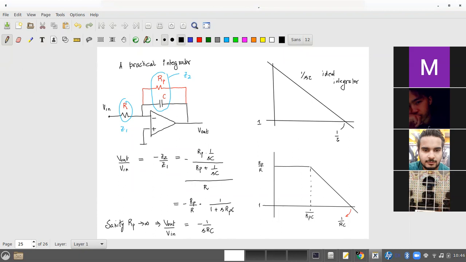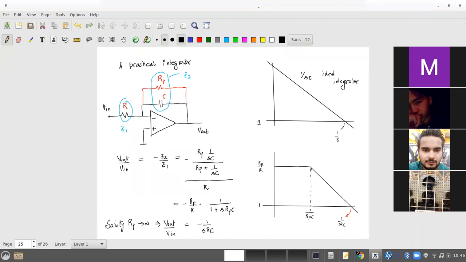The interesting thing is this particular integrator has infinite gain at DC. We already saw that, right? We saw it in different ways. We saw that you don't have any feedback at DC, and so you have effectively infinite gain. Multiple ways of seeing the same thing. Putting a resistor in parallel makes the gain at DC flat.